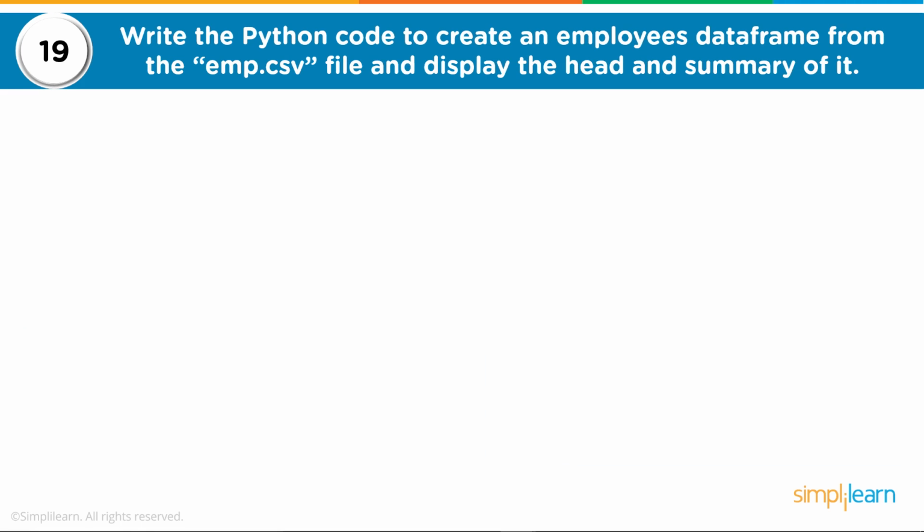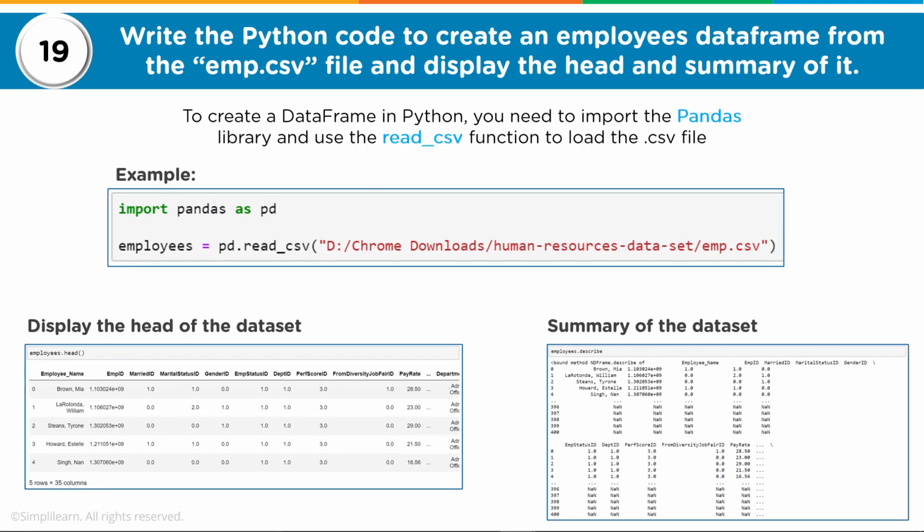Write the Python code to create an employee's data frame from the emp.csv file and display the head and summary of it. To create a data frame in Python, you need to import the pandas library and use the read_csv function to load the CSV file. And here you can see we have import pandas as pd, employees, or the data frame employees, equals pd.read_csv, and then you have your path to that CSV file.